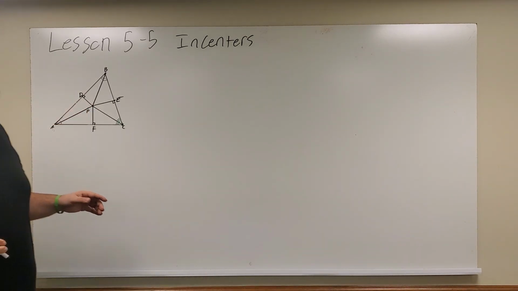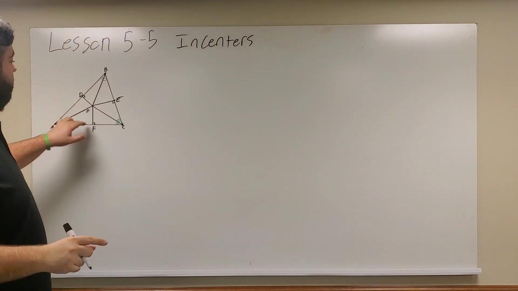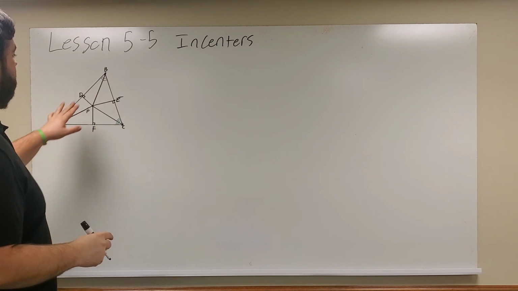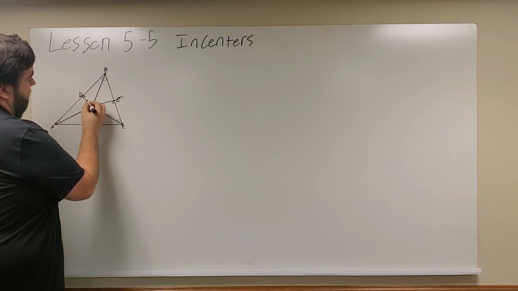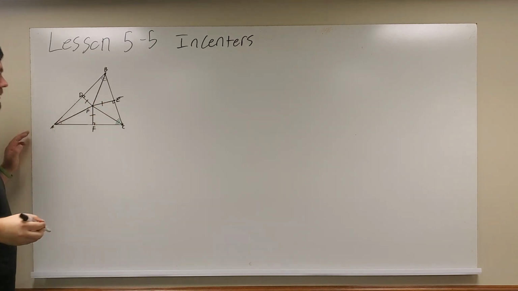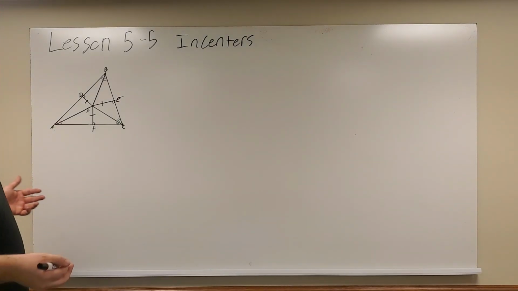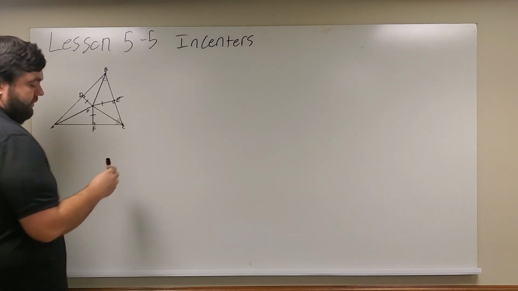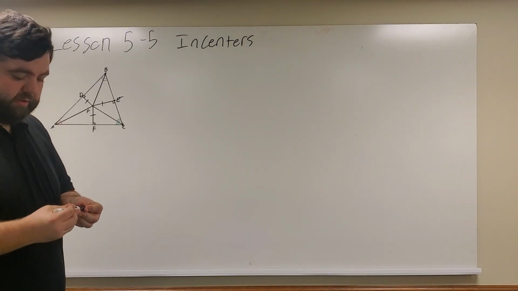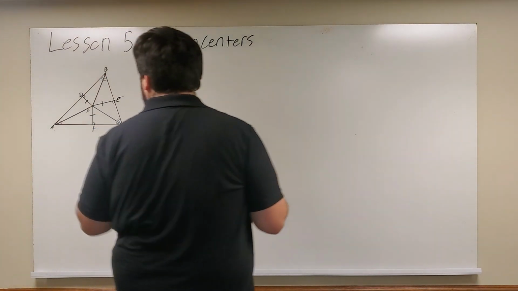And now what it's saying is the incenter is equidistant from any side. So what that's saying is that this is equal to this is equal to this. Okay? Now, what can we say by looking at these? Well, if I look, maybe this will make it a little bit easier. We'll do this one first.